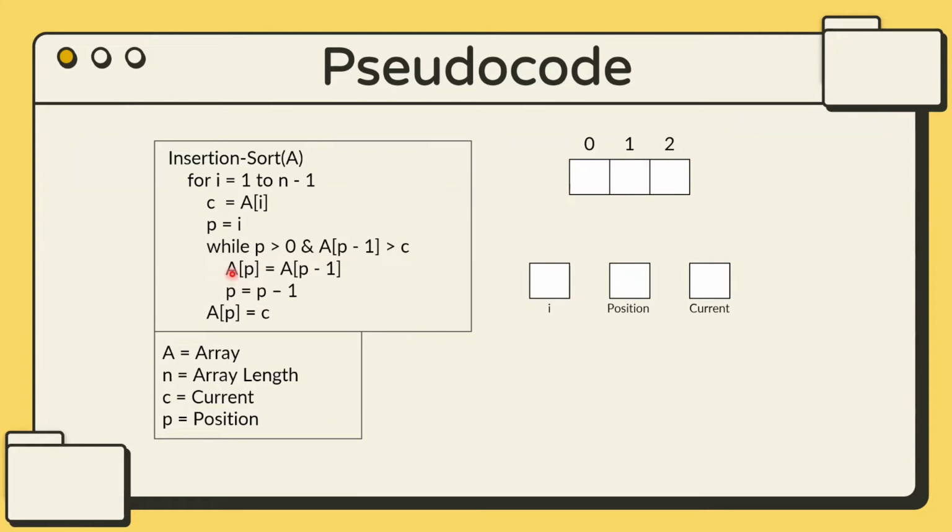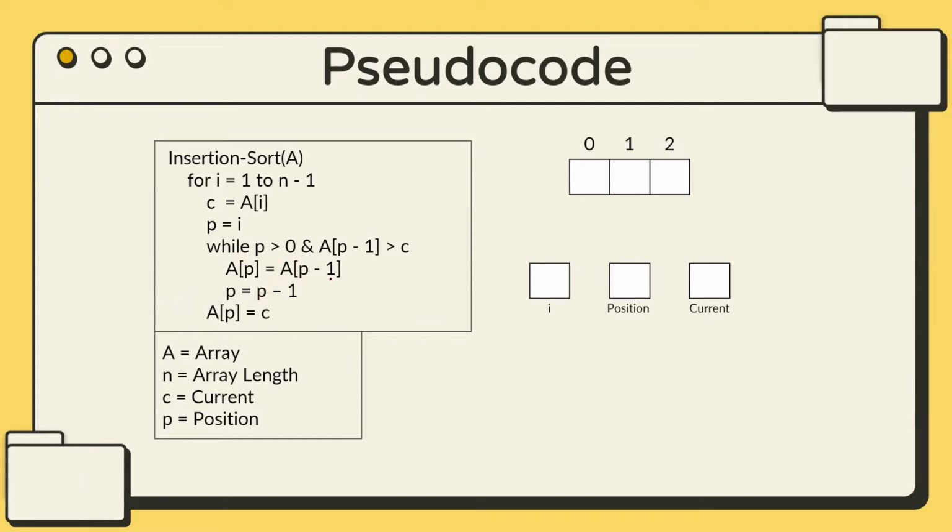So in the loop, there's array p equals array p minus 1. So if these two conditions are correct, the array p will be replaced by array p minus 1. And the position equals position minus 1. So the position will be decreased by 1 every time it's true. Continuing to the last line, the array p will be replaced by the current number.